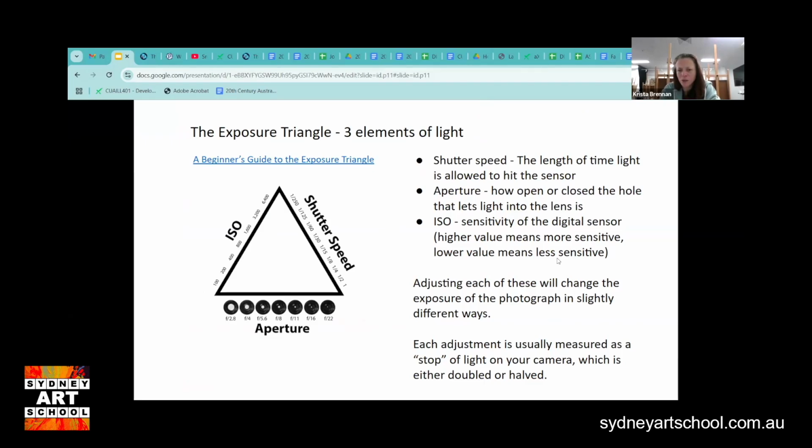Each adjustment is usually measured as a stop of light on your camera, which is either doubled or halved. That's very much how it becomes fractions. So you'll get ISO 100, 200, 400, 800, and so on. Shutter speed will go from 1/250th of a second all the way to 1 second.